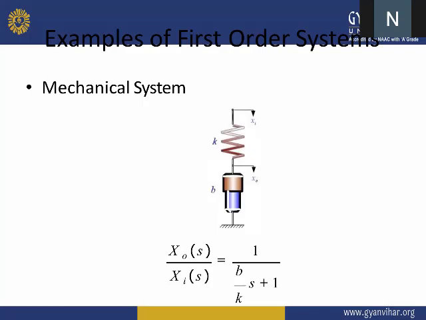The output is the damper output x naught, and xi is your spring input. If we establish a relationship between x naught and xi, we get 1 upon b upon ks plus 1, where all this is also a first order system in the mechanical domain.